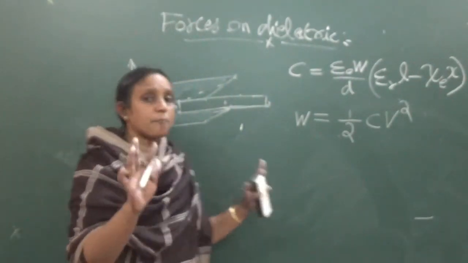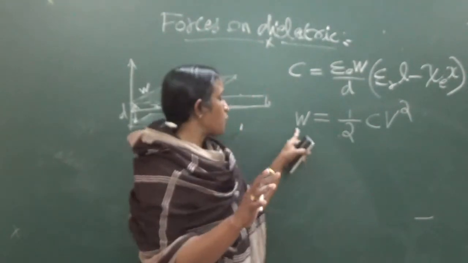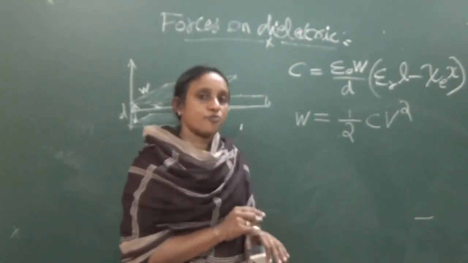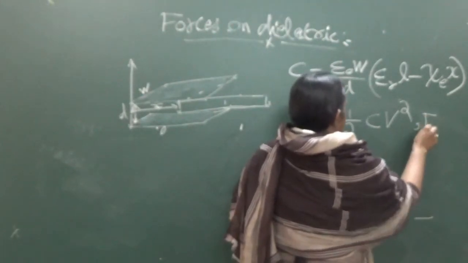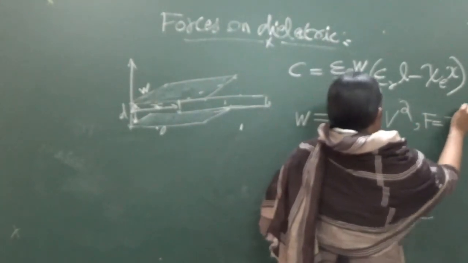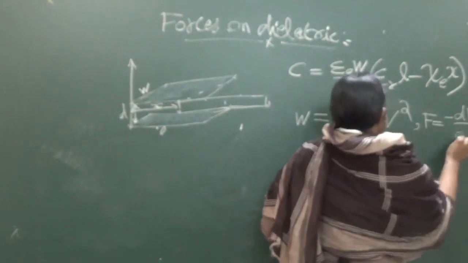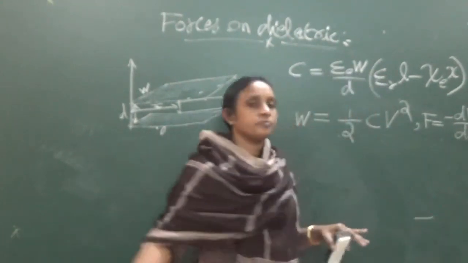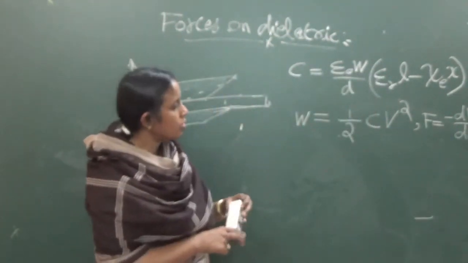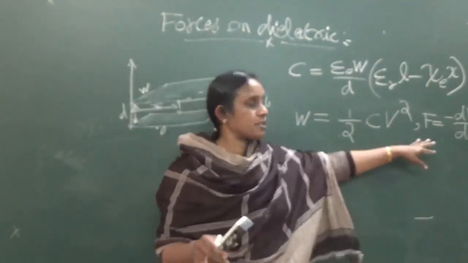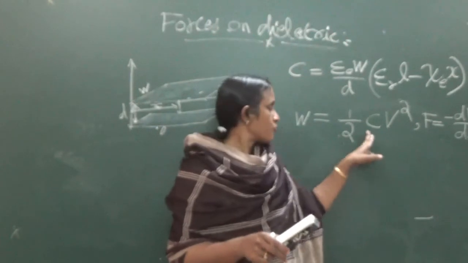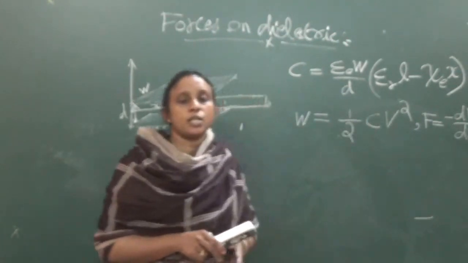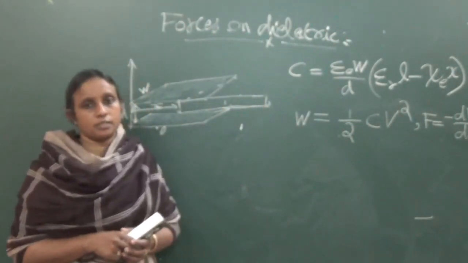Okay, and suppose that we use this expression to find out F. We know that F equal to minus dW by dx. For that, we assume that potential is constant.